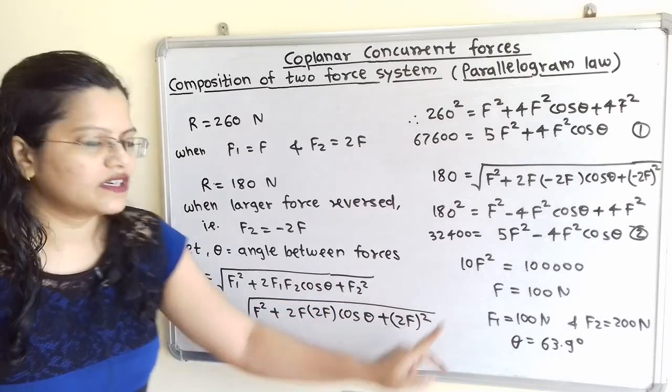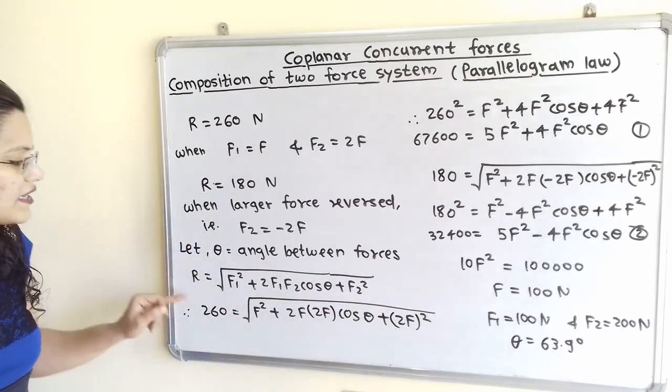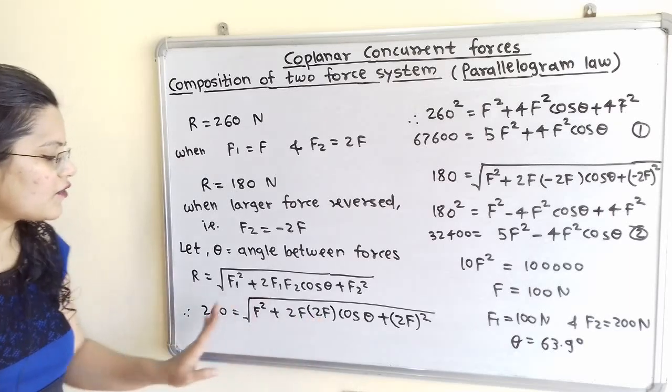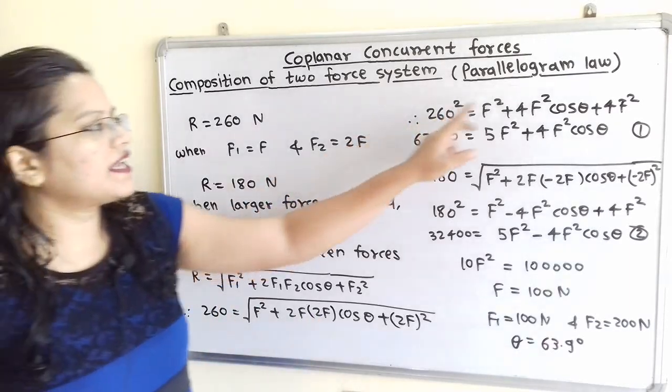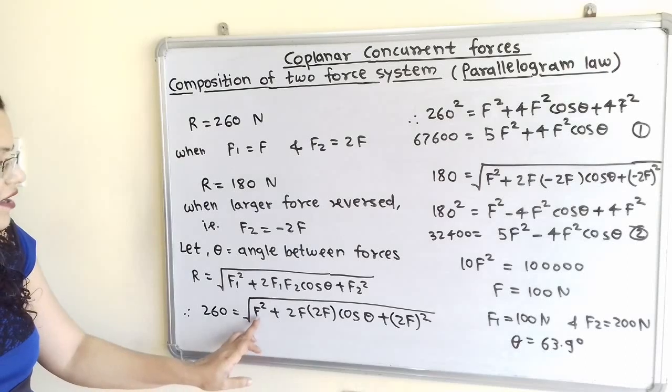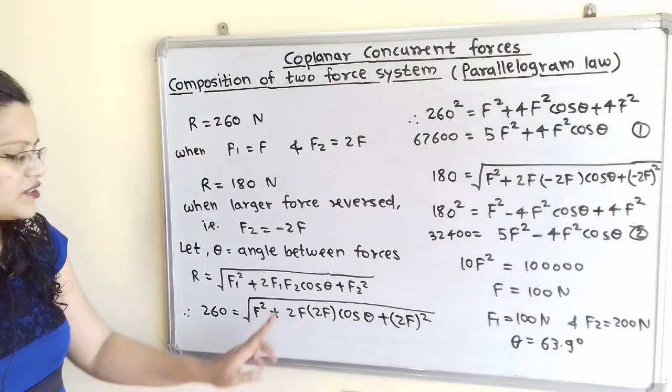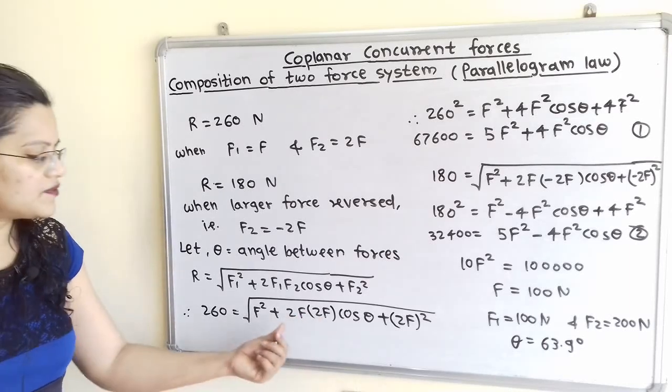Now this under root remains the same. On the left hand side we put the value of R. Now we will take the square on both sides. So F square plus, 2 multiplied by 2, that is 4, F multiplied by F, that is F square.